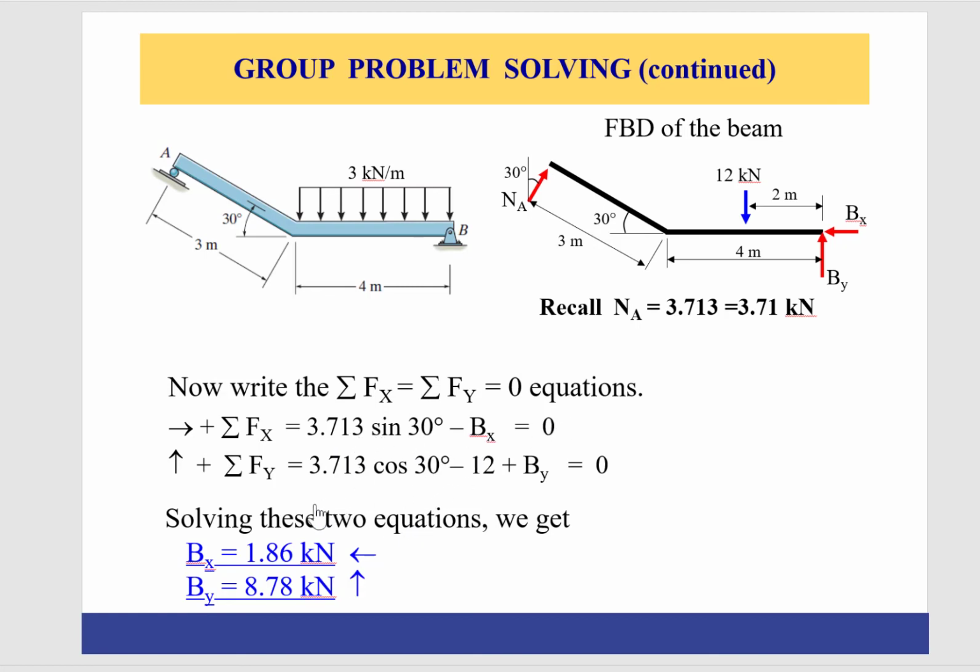You can calculate Bx. Similarly, By is going to be equal to negative 12 plus NA cosine 30, where NA is 3.713, plus By equal to 0, you can calculate By. So the final solution is that.